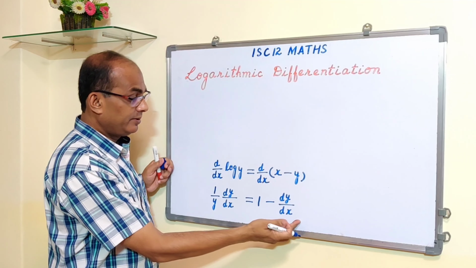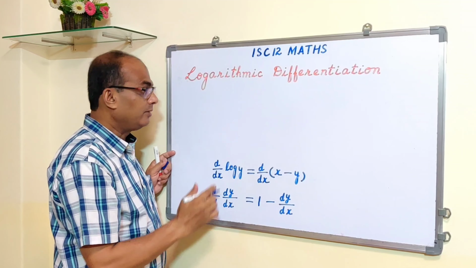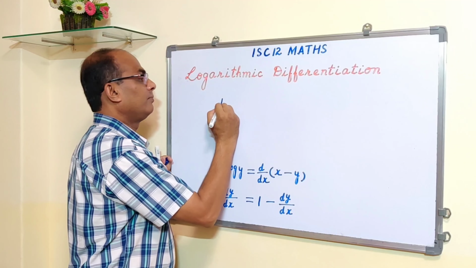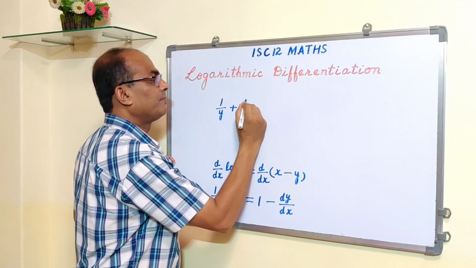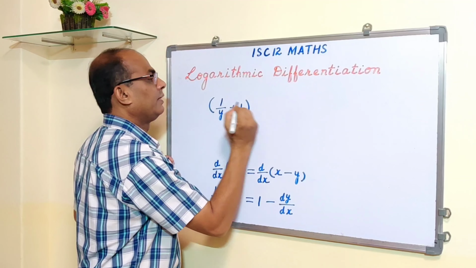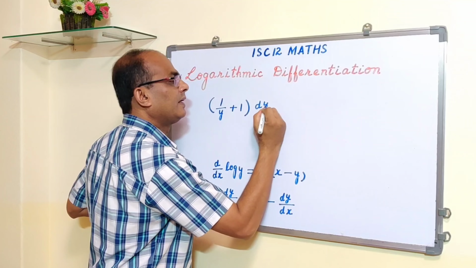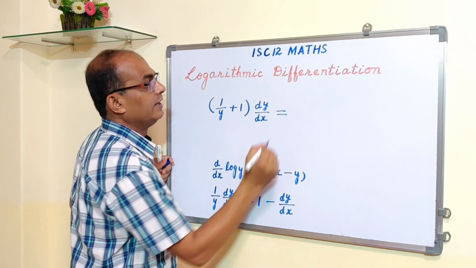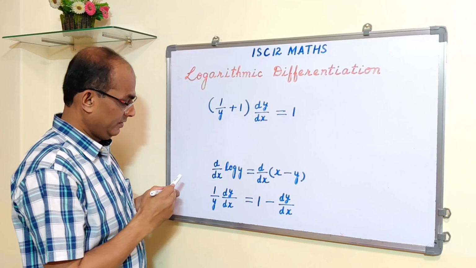If we bring this dy by dx from the right hand side to the left hand side, dy by dx is common, so we can write 1 upon y plus 1, into dy upon dx, is equal to 1.